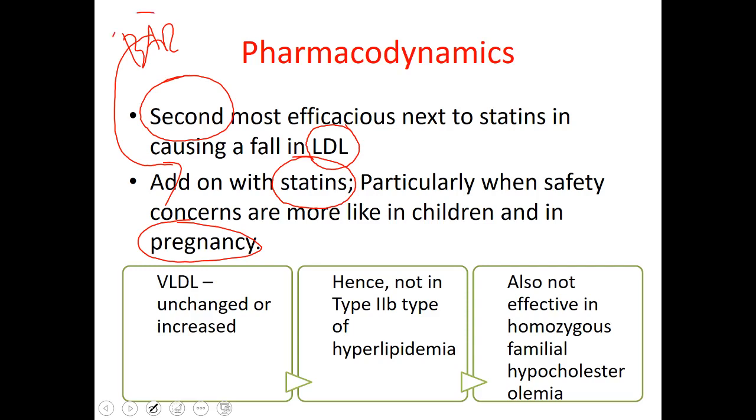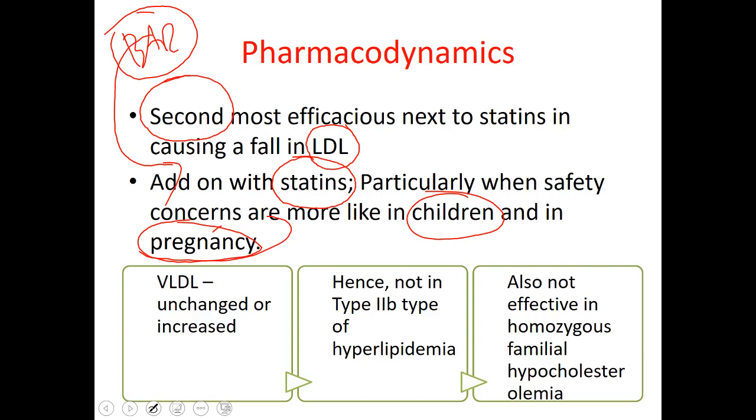Bile acid sequestrants, because they are never absorbed, remember they never get absorbed, their primary role is to stay in the gastrointestinal tract and reduce the reabsorption of bile acids. So, it is much safer in a pregnant patient and in a child. So, these are some of the advantages of bile acid sequestrants.